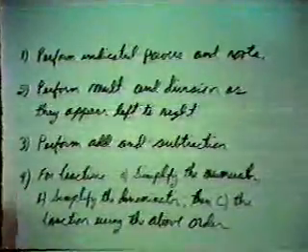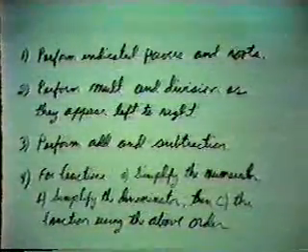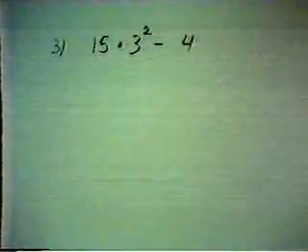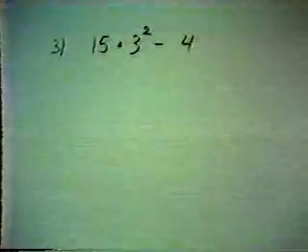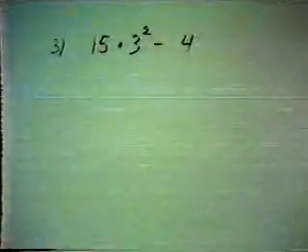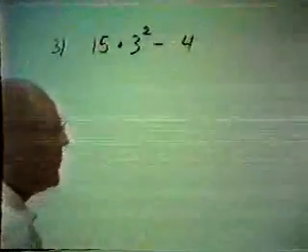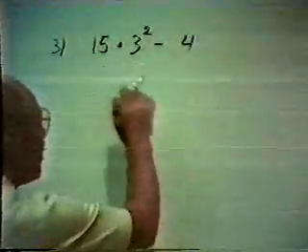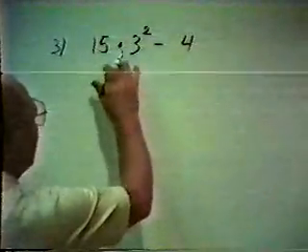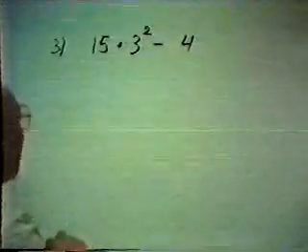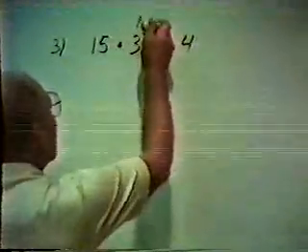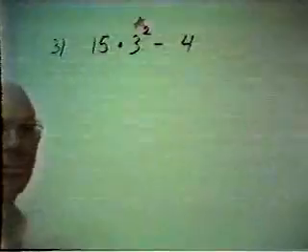Now, let's look at example number 3. Okay, in example number 3, notice again, you first put in your data, you have your problem, and you start reading the problem. All right, I've got a multiplication. Uh-oh. Got something different in this one right here. I have a power involved.